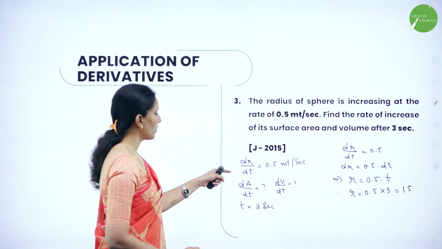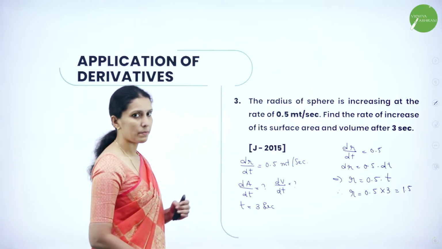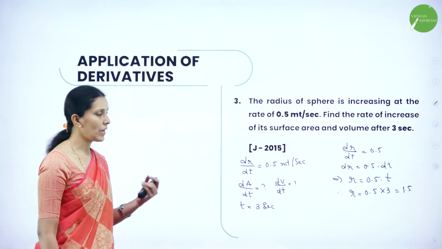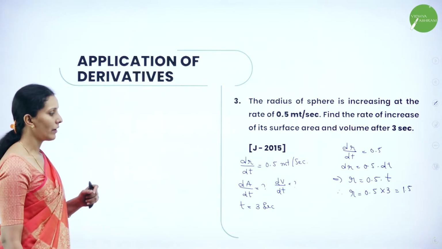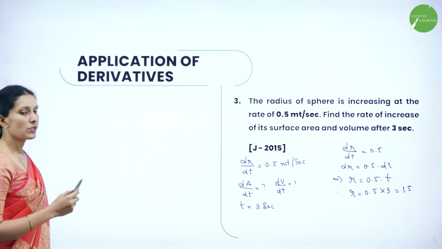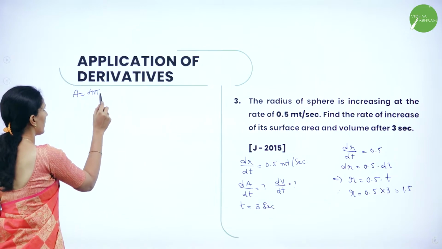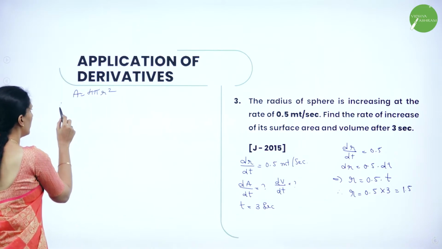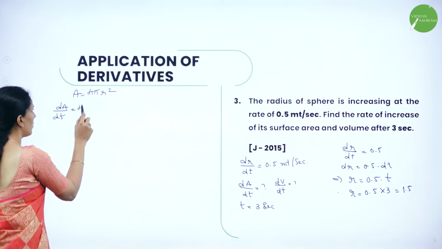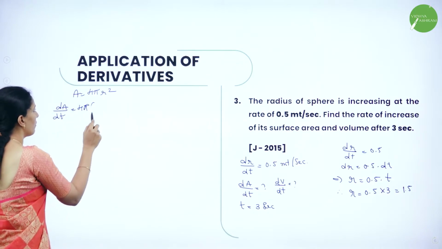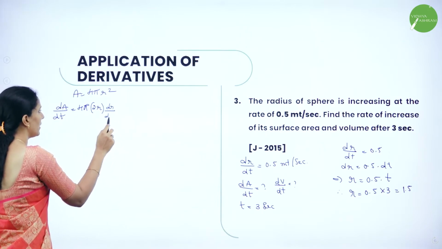Now we will find out the rate of change of area as well as the rate of change of volume of a sphere. First let us find out the rate of change of area. We know that area is equal to 4 pi r square. So therefore dA by dt is nothing but 4 pi, derivative of r square is 2r into dr by dt.